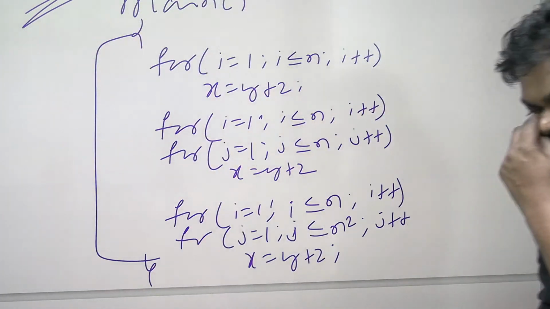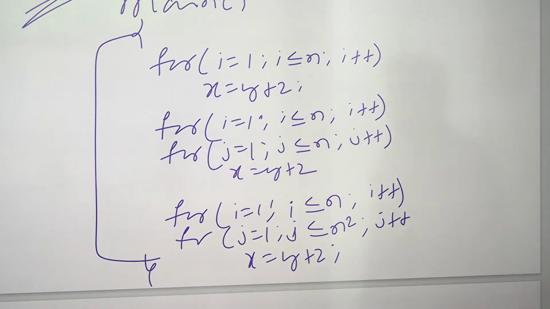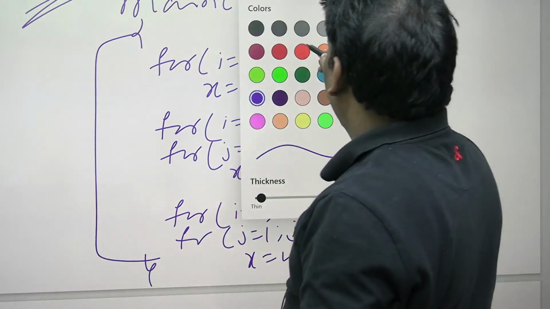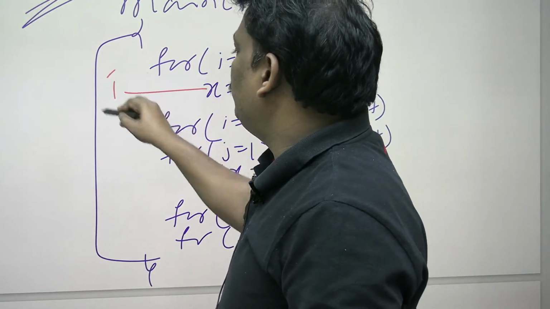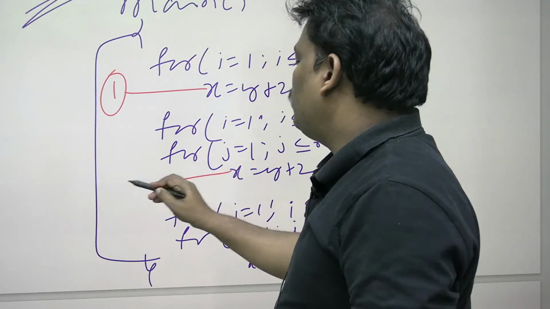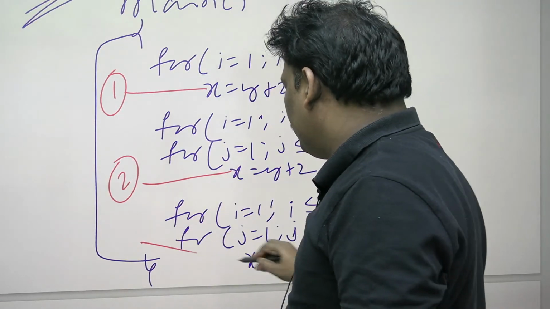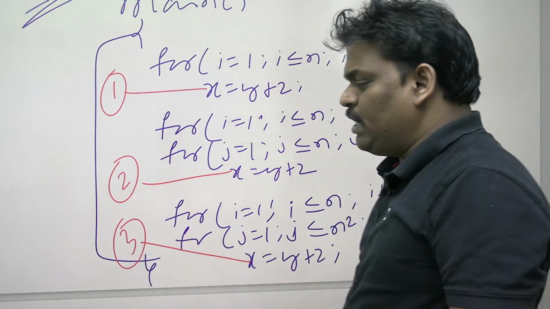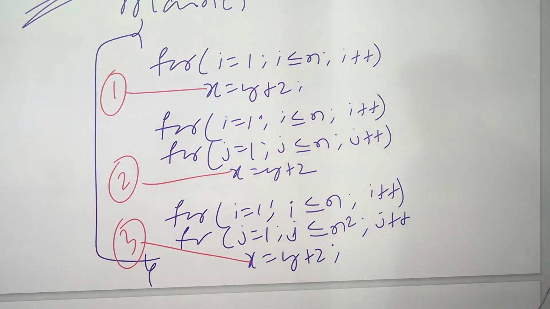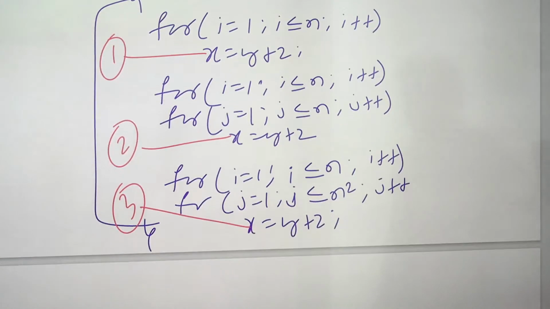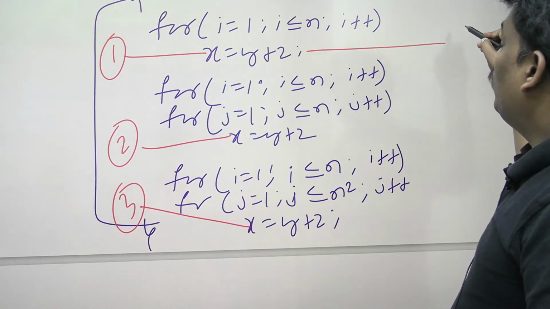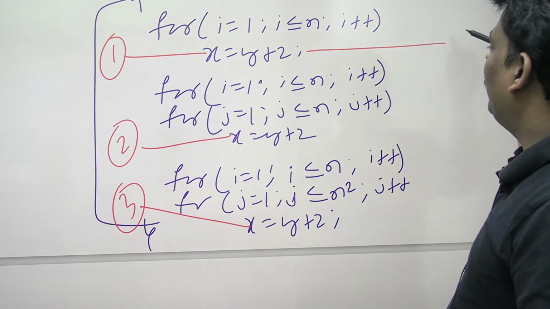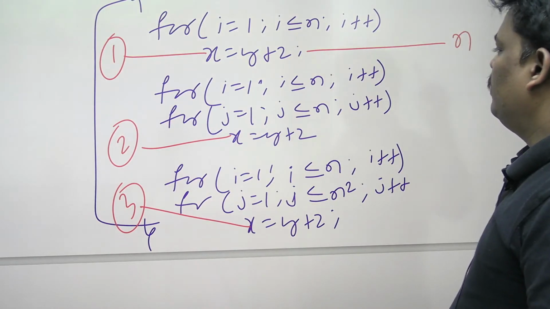Yeah, fine. That's okay. Please let me know what is the time complexity of this program. Let me check. See this one. First count how many statements. Statement number 1, statement number 2, statement number 3. There are 3 statements. Next, while running, how many times will statement 1 execute? N times.